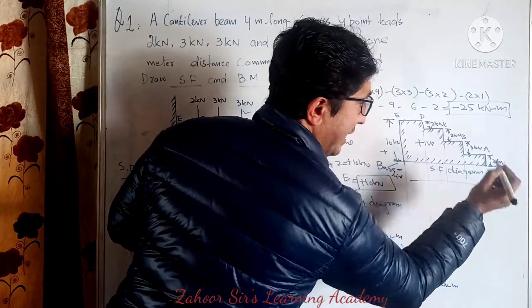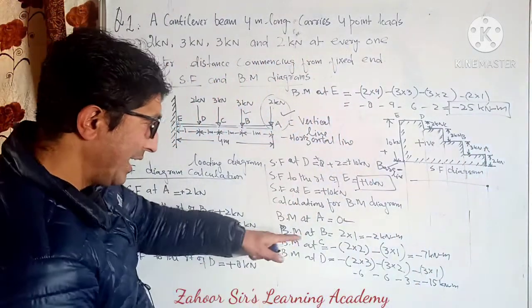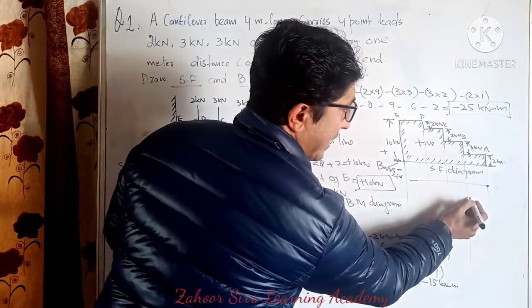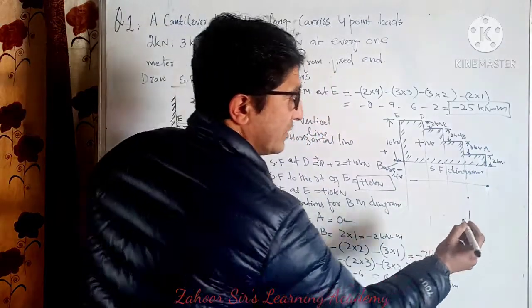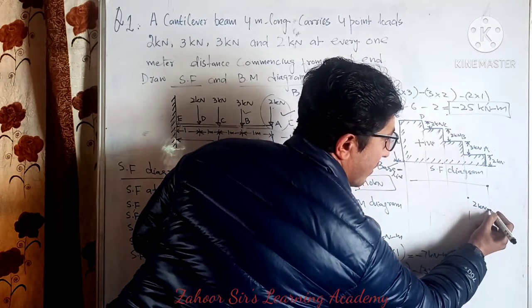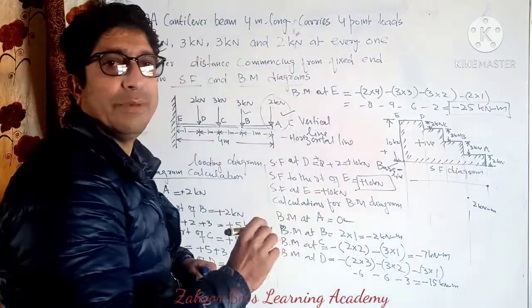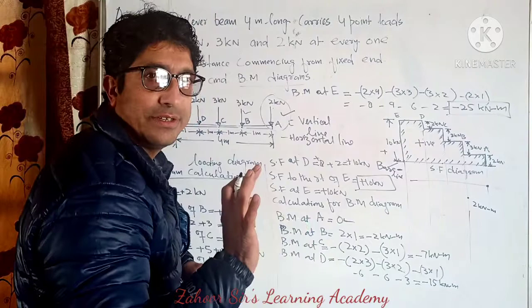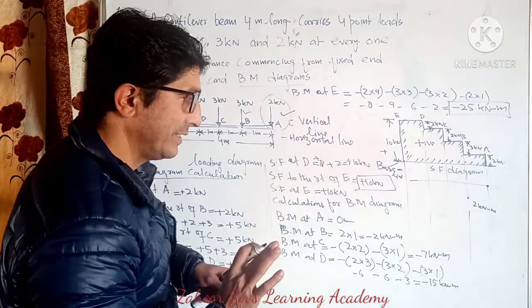At A, it was 0. Now at B, how much was it? It was 2 kilonewton meter. So somewhere here, I will write 2 kilonewton meter. I don't need to write the minus because it already indicates that it's below the baseline.